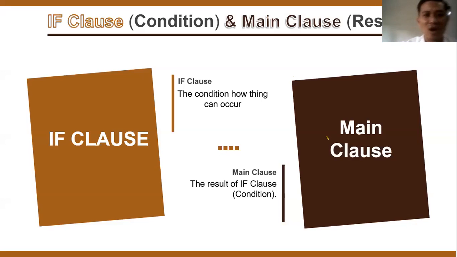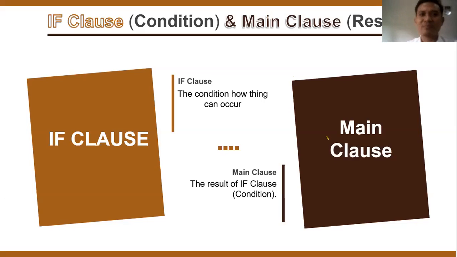The if clause is "if I had a lot of money." And the main clause, or the result, is "I would buy a nice car." But if the if clause cannot happen, the main clause also cannot happen.